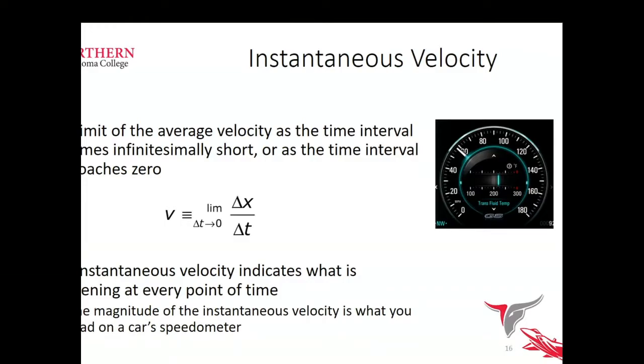So here's our instantaneous velocity. This is calculus. You guys have been doing limits, right? When I do an average velocity, I take it over the whole time, but as I start to do limits, I bring that incremental time down. So my limit is going to be my change in x over my change in time.